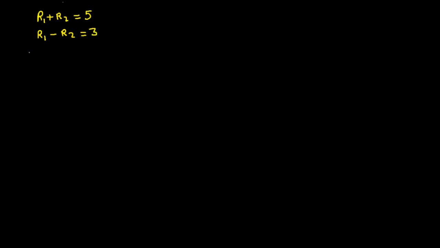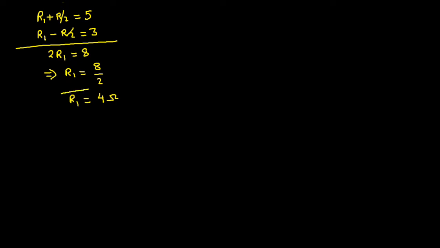So if we add these two equations, then R2 and R2 will get cancelled. So R1 plus R1 will give twice R1. So 5 plus 3 becomes 8. So this implies that R1 is equal to 8 by 2, which is equal to 4 ohm. So this is the value of R1.